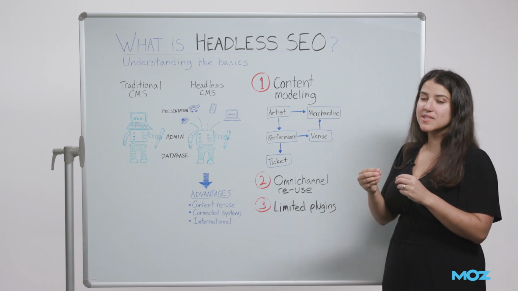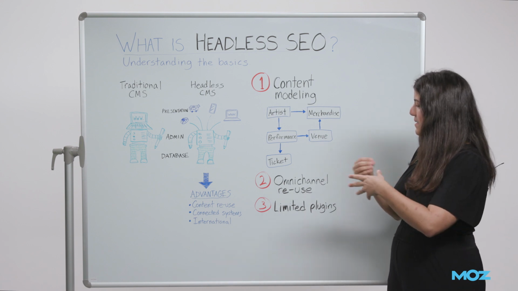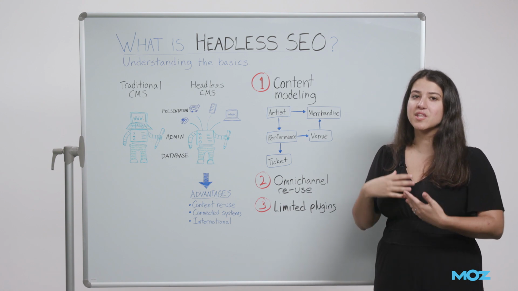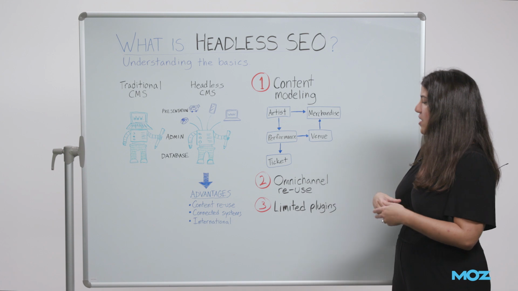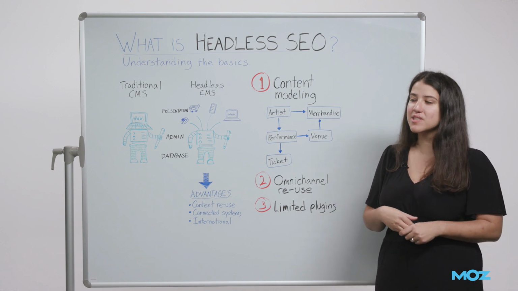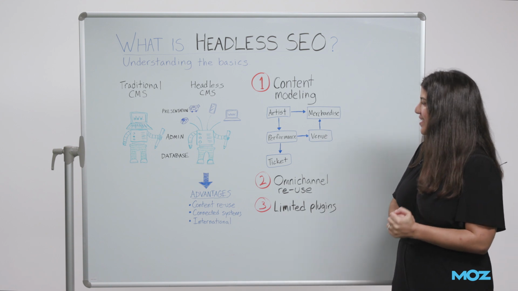We're working with systems that connect to each other. So instead of adding that capability to a CMS with a plugin, you would connect to a system that gives you that capability. Now, that's not as easy as just installing a WordPress plugin. You are going to need development resources for that.